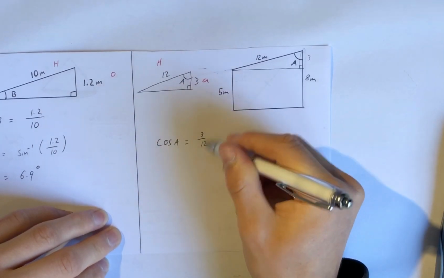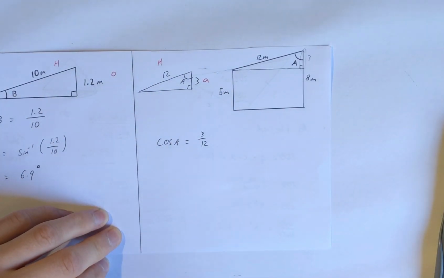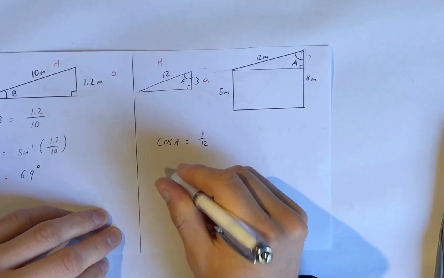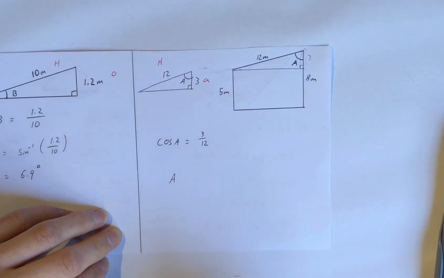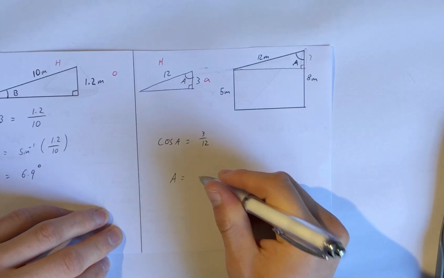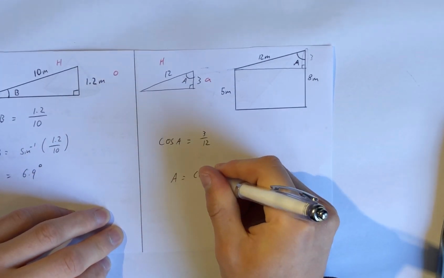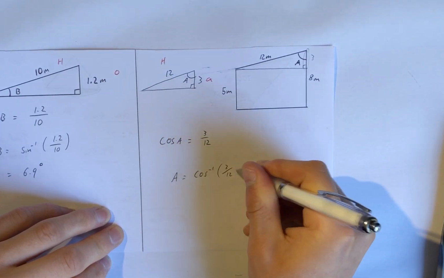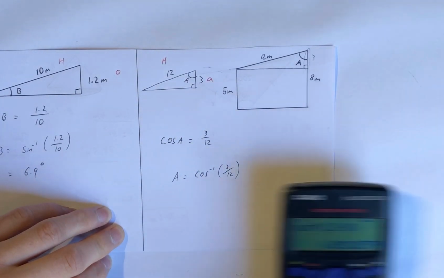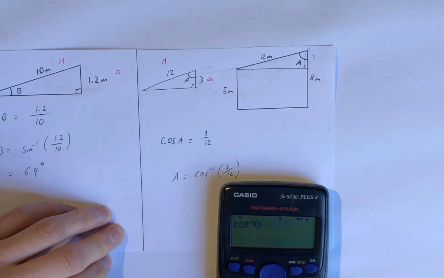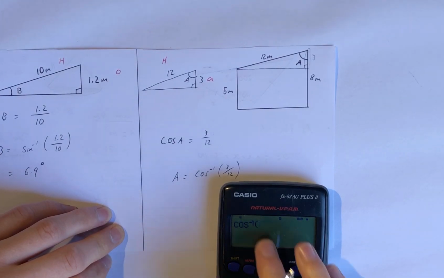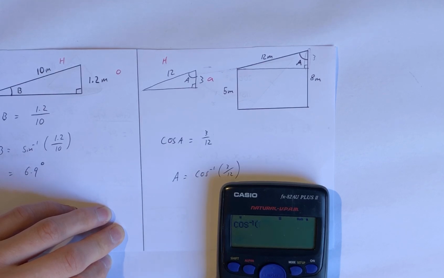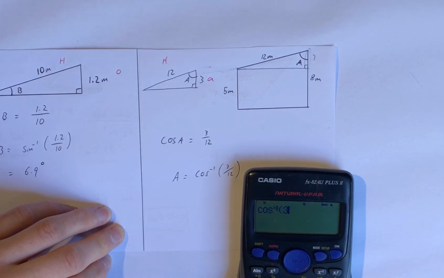Now you could go and simplify this fraction to 1/4, but it's not necessary in trig. What we want to do is just have the angle A, and you get that by taking the cosine inverse of both sides. Remember that you'll need to go into brackets. So shift cos, and that gives us a cosine inverse, or to the power of -1, and that is 3 divided by 12.